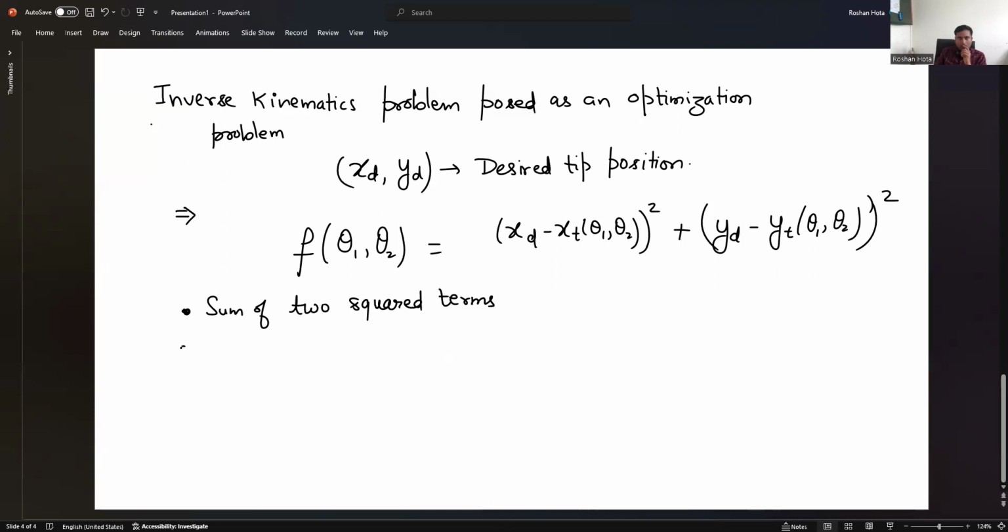This objective function is the sum of two squared terms.